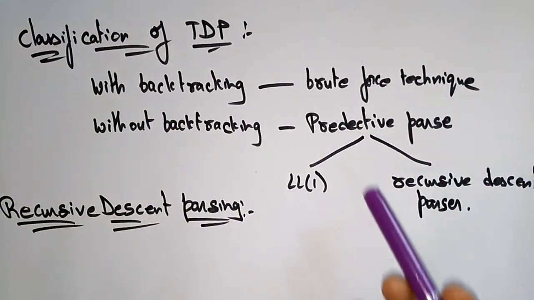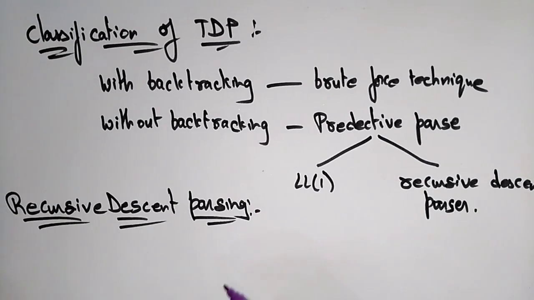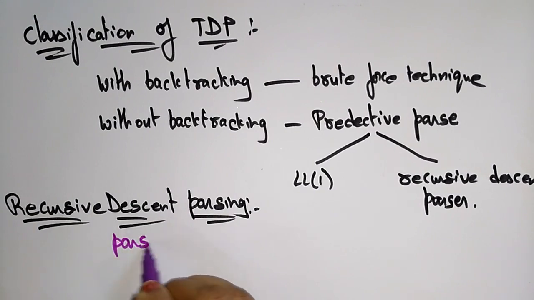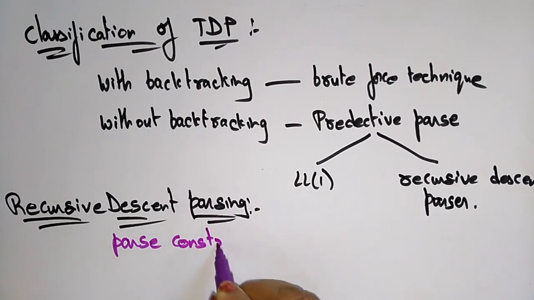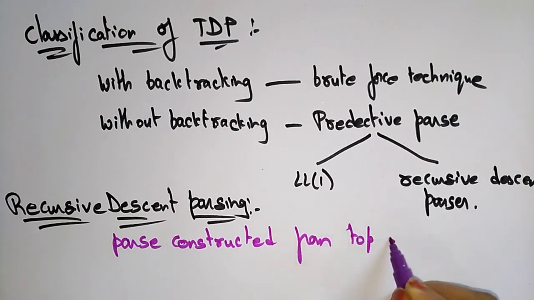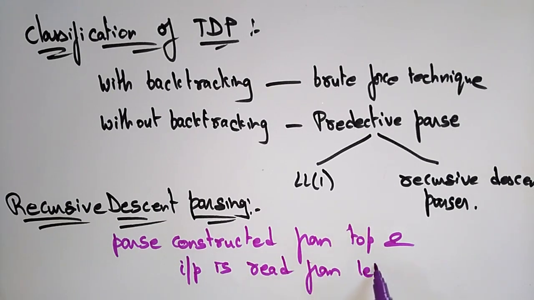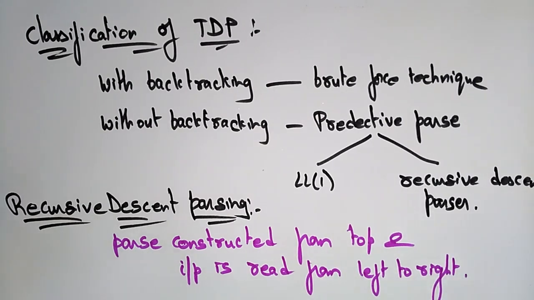Because it is top-down parsing, the parse is constructed from top to down, and the input is read from left to right.